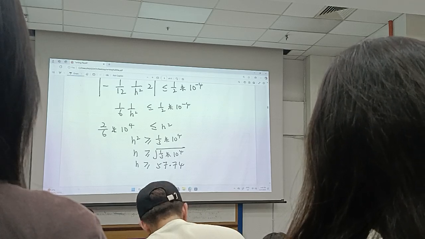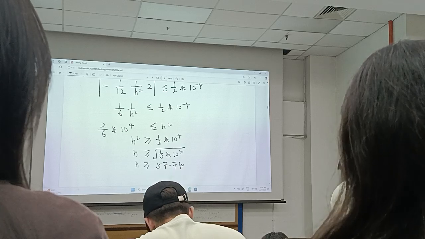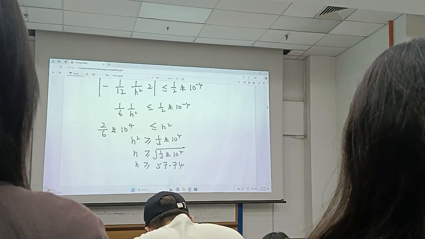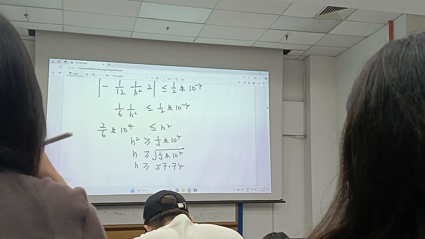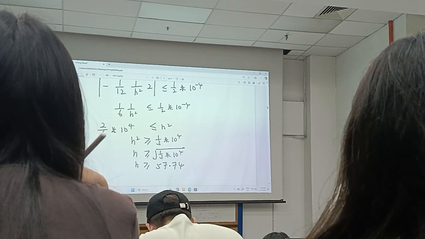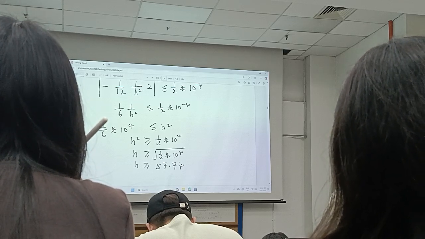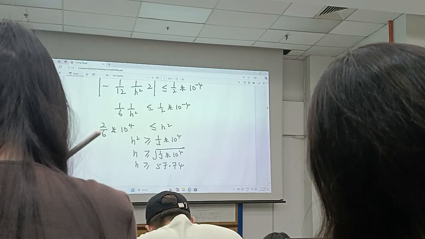Okay. So this n is number of parts, right? Number of parts. Number of parts is always an integer, right? We divide into 2 parts, 3 parts, 4 parts, and so on, right?